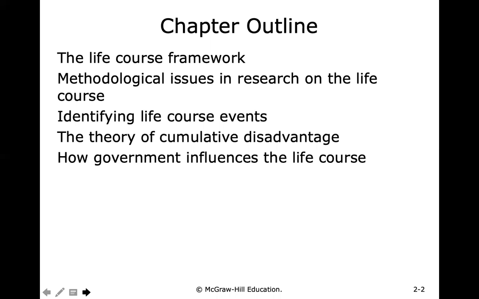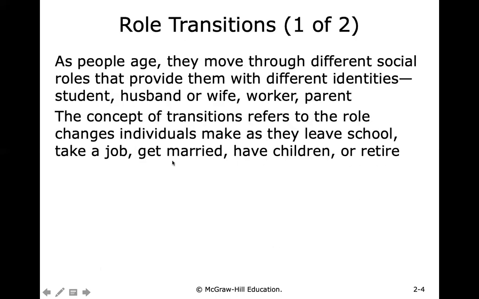We're going to be identifying some life course events, discussing the theory of cumulative disadvantage. The only one that we're not going to be talking about is how government influences the life course. I removed that slide, but since this is not editable, I just have to tell you that we are not covering that little section.